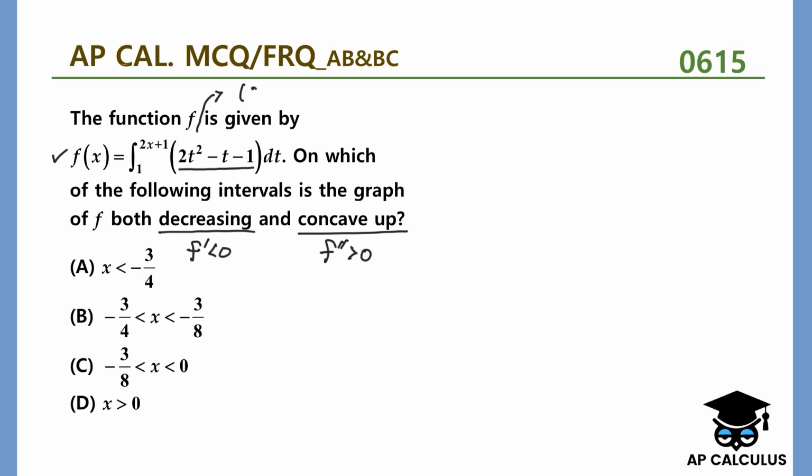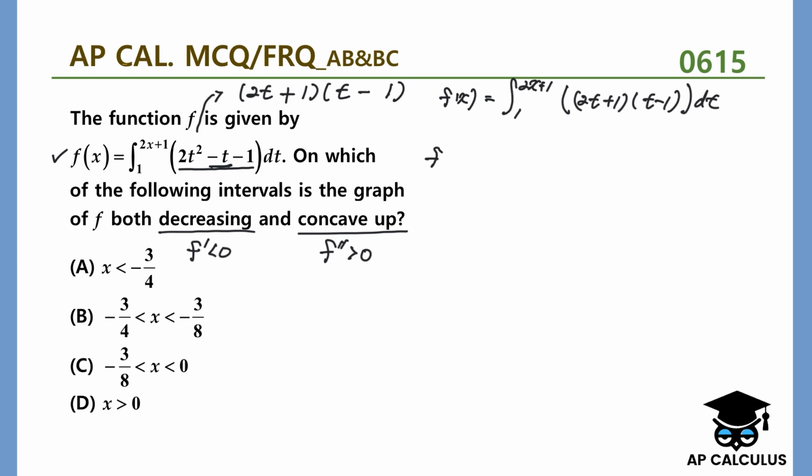That's going to be equal to 2t plus 1, t minus 1. We must have a negative t here, so minus 1 here, plus 1 here, right? So f of x is equal to the definite integral from 1 to 2x plus 1, and the expression here is 2t plus 1, t minus 1, with the dt.